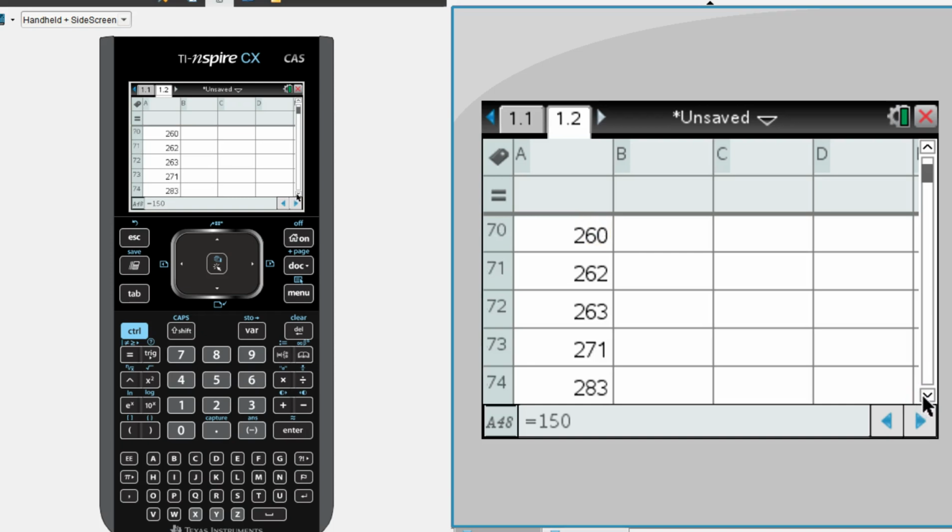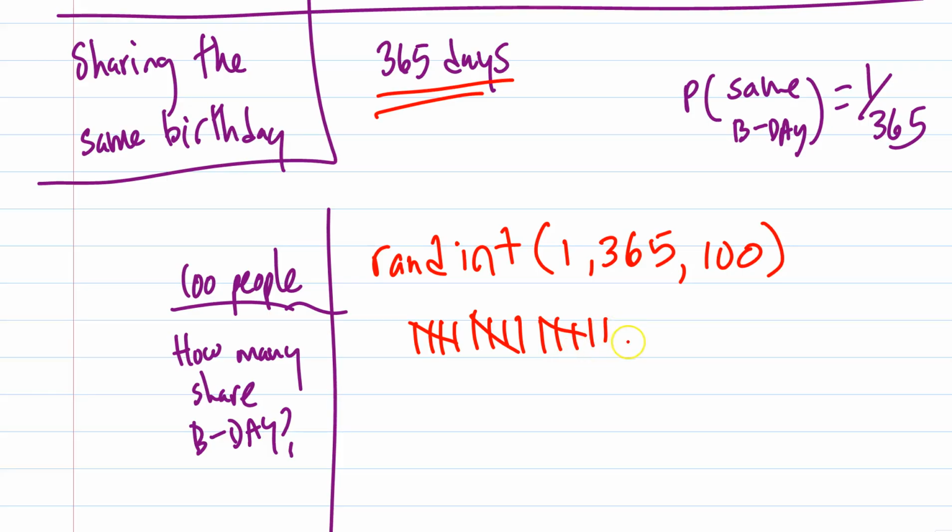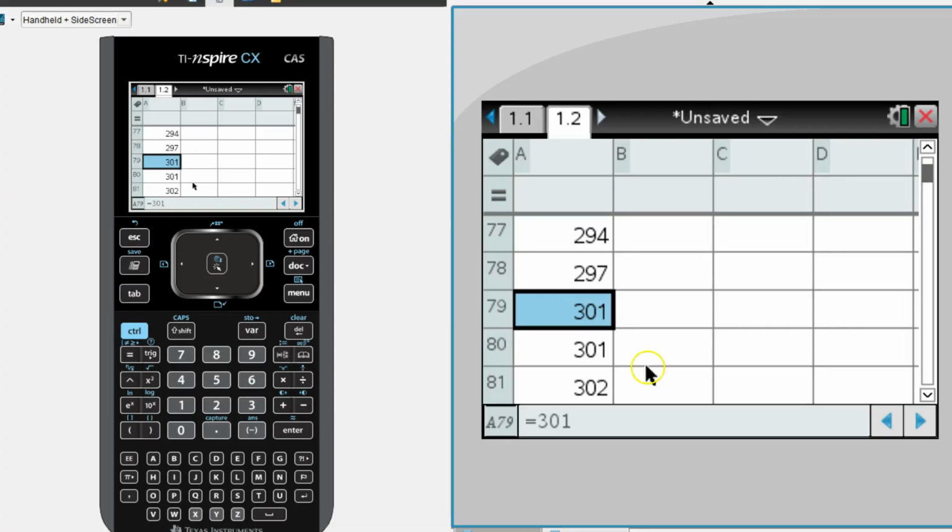Let's see. What are we on? 17, 18? 19, 20, 21. Wait a second.